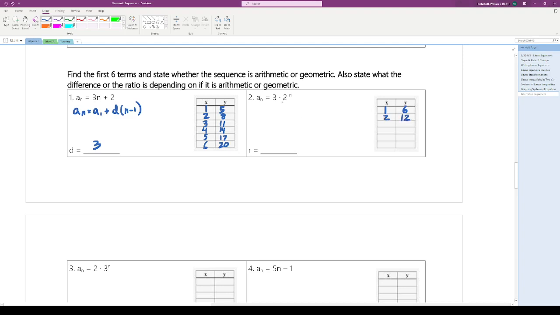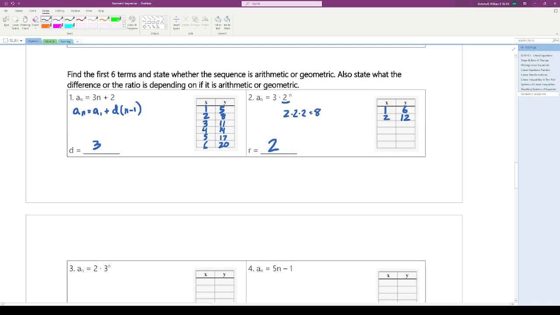And then, since our common ratio here is 2, that's the thing being raised to the exponent, we should be multiplying by 2 at every step. So when we plug in 3, that's going to be an exponent of 3, so 2 to the third power. Remember, that's the same as 2 times 2 times 2, which is 2 times 2 is 4 times 2 is 8.